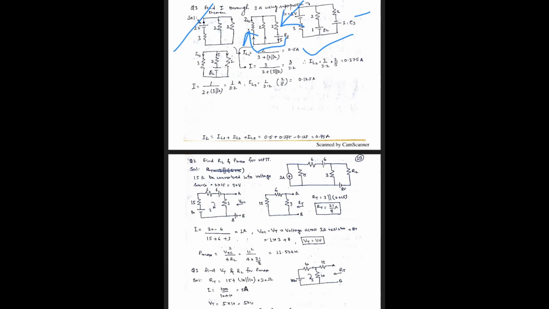And in the third circuit, the current was flowing below. So that's why we have added 0.5 and 0.375, and subtracted 0.125 to get the effective current as 0.75.